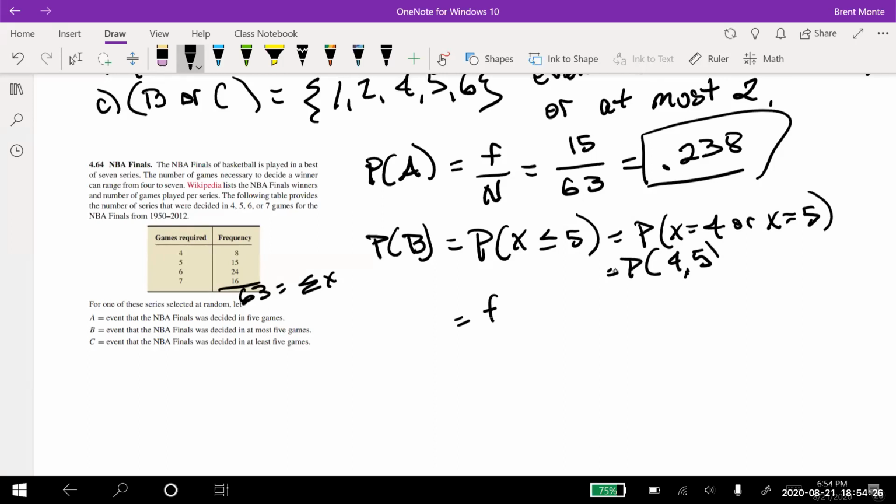Well, F over N, our good friend. So the probability it's 4 or 5, we're just going to add those up. 8 plus 15 divided by that same 63. So 23 divided by 63. Let's see what that is. 0.365.